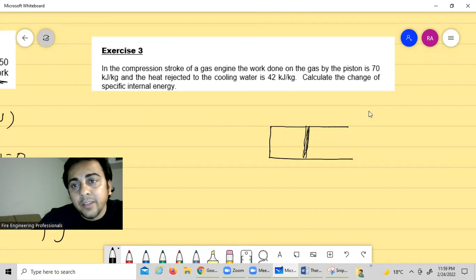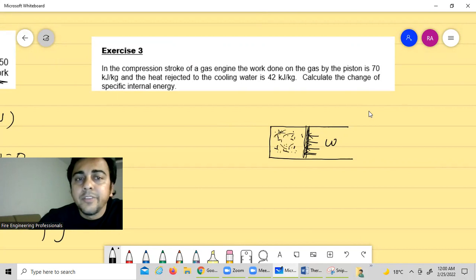The work done on the gas by the piston is 70 kilojoule per kilogram. So suppose this piston is doing some work to this fluid, right? Some work to this fluid, okay, which is equal to 70 kilojoule per kilogram.